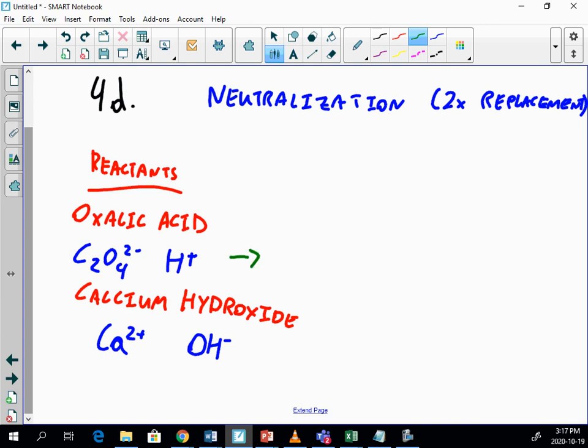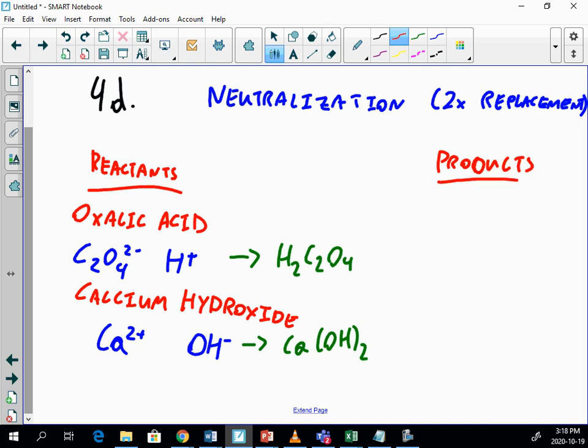Altogether then, we get H2C2O4 for oxalic acid, and we get CaOH2 for calcium hydroxide. The products are just the result of a double replacement reaction.